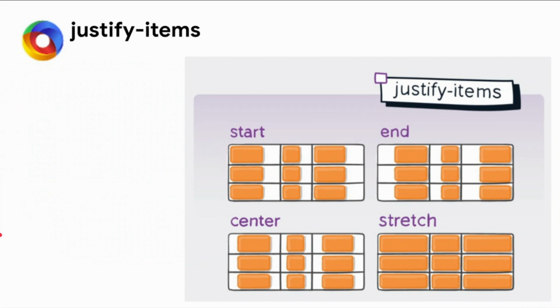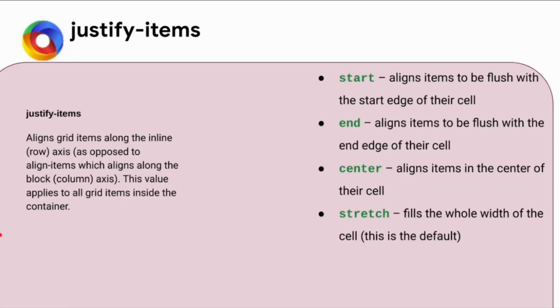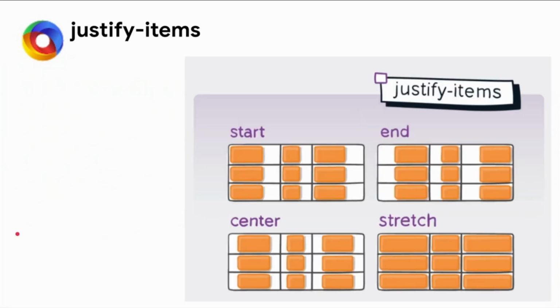In that case we can use grid justify items to align your inner items. If we put start, everything will be at the start. With end, all the inner cell contents will be at the end. With center, all the inner items will be centered. And stretch is basically the stretched version of all of them.